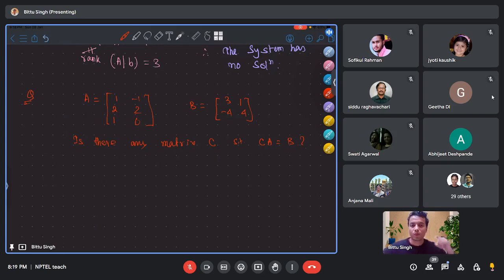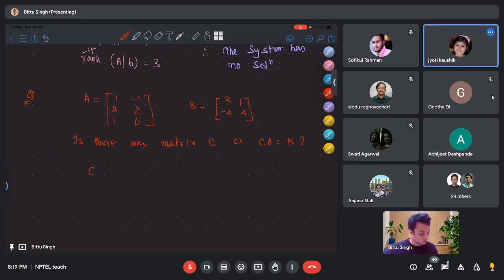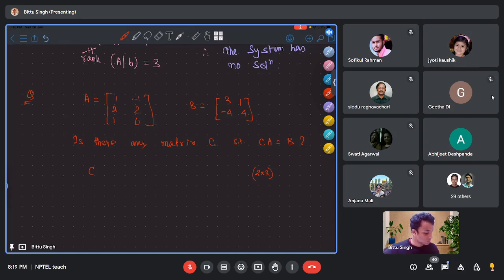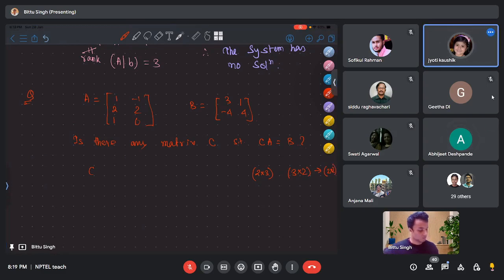So what will be the order of the matrix C? It is 2 by 3. Why? Because B is 2 by 2, and a 2 by 3 matrix times a 3 by 2 matrix gives a 2 by 2 matrix.